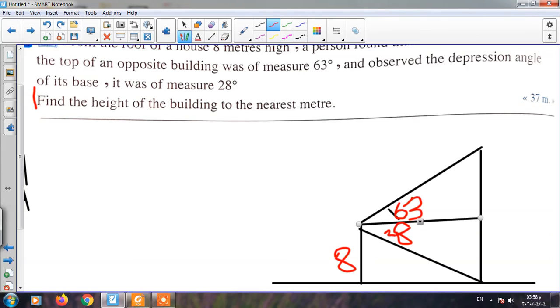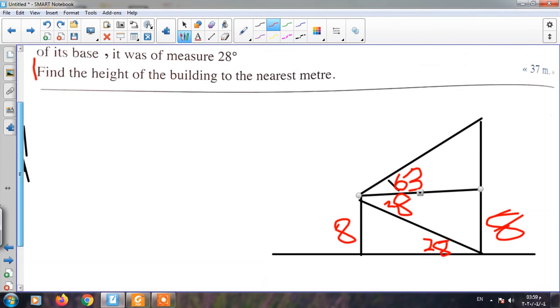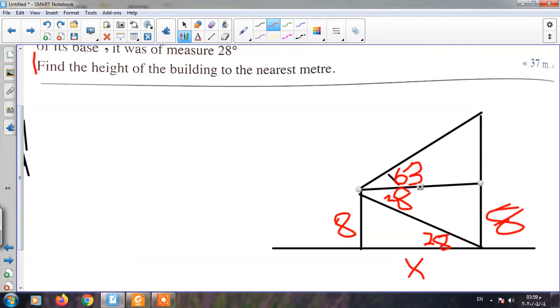First of all, this equals this, so this is also 28 by alternate angles, and this is 8, and this is also 8. Now he asks to find the height of the building. First I'm going to find x, this part, because it's equal to this part. Here x and here x.